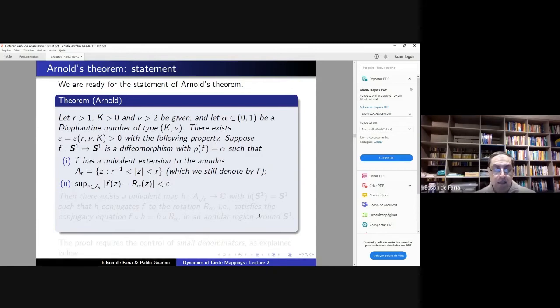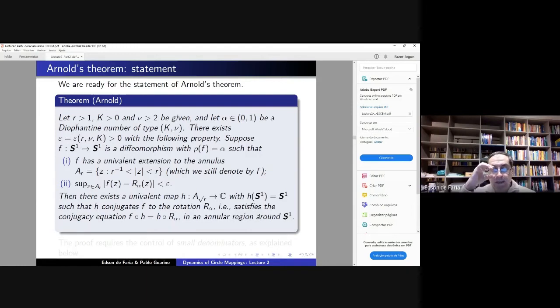Then the conclusion is that you can find another holomorphic injective function, in fact a univalent function, h, on a slightly smaller annulus, A sub square root of r, so it's smaller than A sub r, with the property that h still preserves the unit circle.